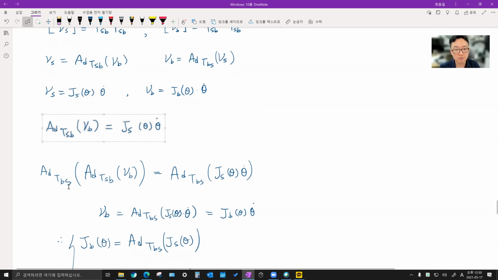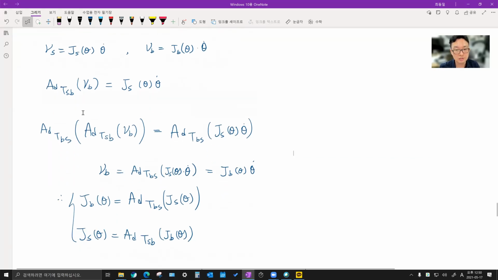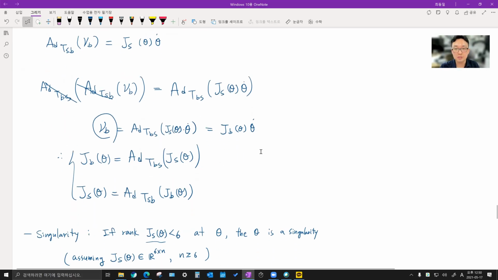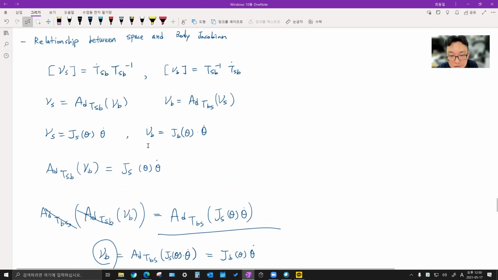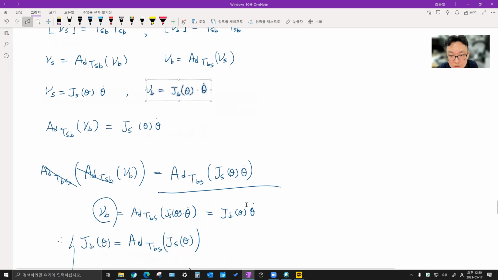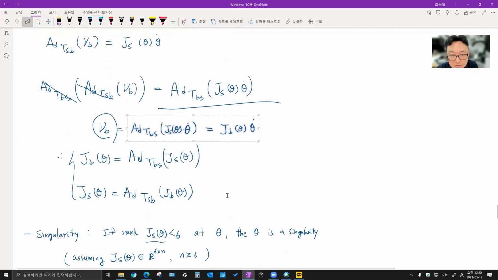And if we multiply adjoint TBS like that, and then these two things are erased, and the body twist remains, and this one. And in the upper equation, this one was the same as this one. So we can get this equation.